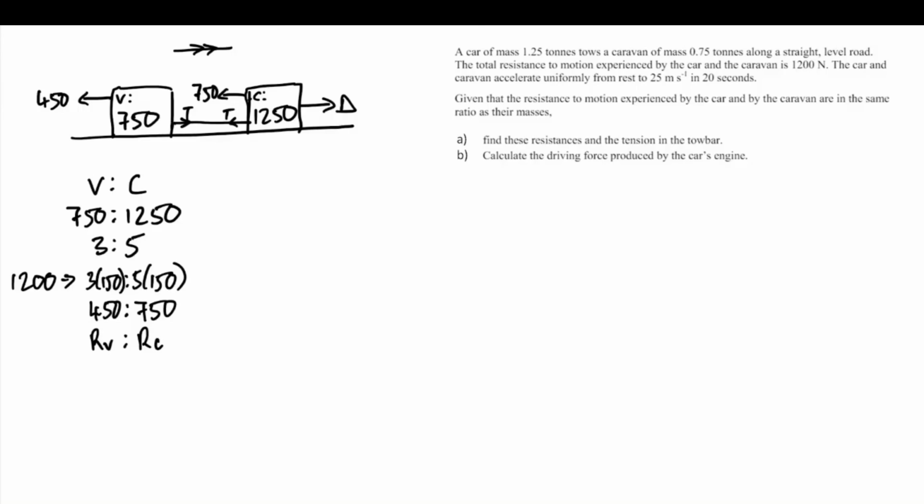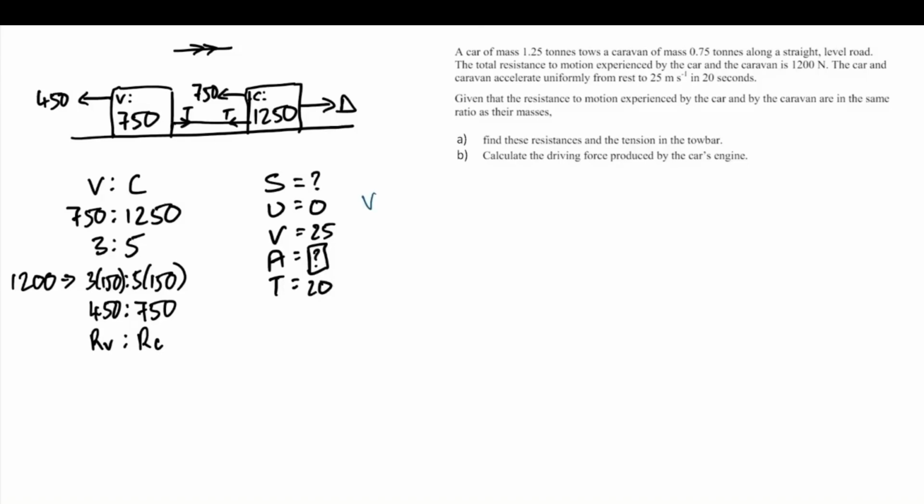All of this information can be put into a SUVAT formula. We were told the acceleration was uniform, which means there's constant acceleration, and our SUVAT formulas are our constant acceleration formulae. Okay, so just substituting those values in. Initial velocity of 0, we get up to 25, we're looking for the acceleration, and the time was 20 seconds.